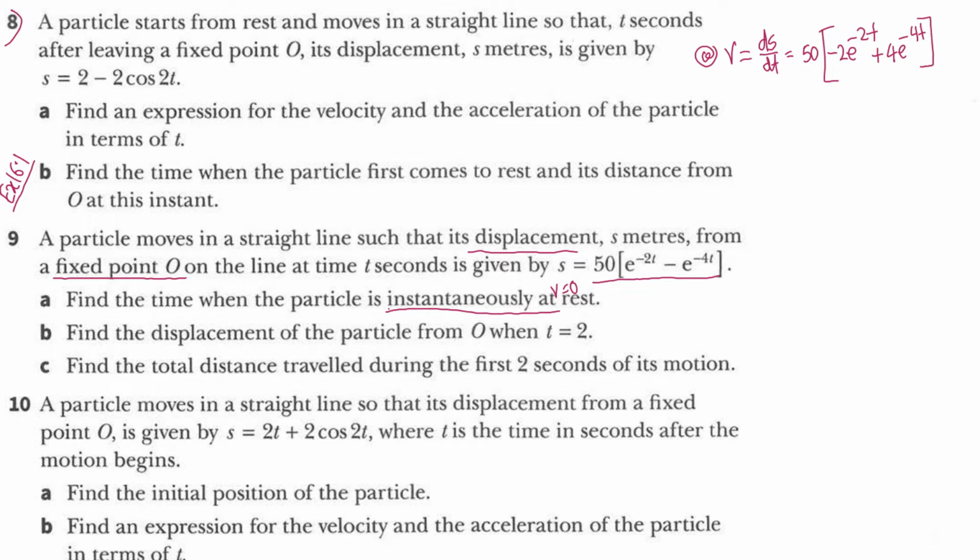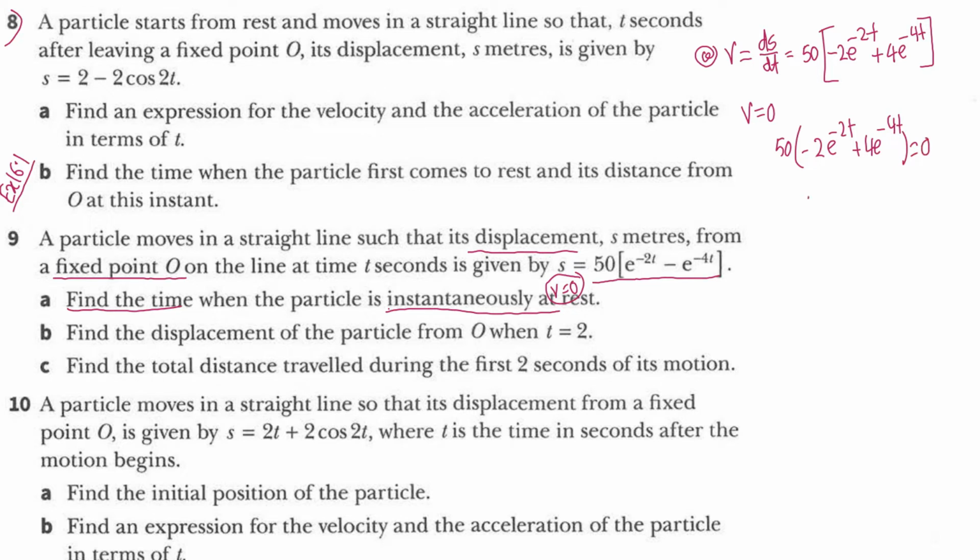In this velocity expression, we find the time. Velocity we need to consider v equals 0 because it is at rest. So let me write the expression: 50 times minus 2 e to the power minus 2t, then plus 4 e to the power minus 4t equals 0.